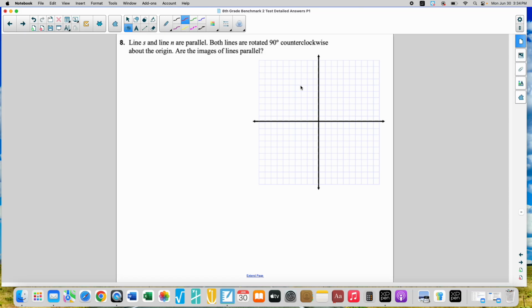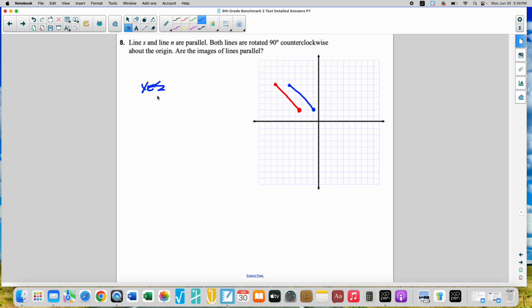Let's do one red, from this point to this point. And let's do this point, and make them parallel, this point all the way to this point. Those are 2 parallel lines. If we rotate this 90 degrees, and we take this and rotate it 90 degrees, we notice that they are still parallel. So that's a great visual of how that works and why.